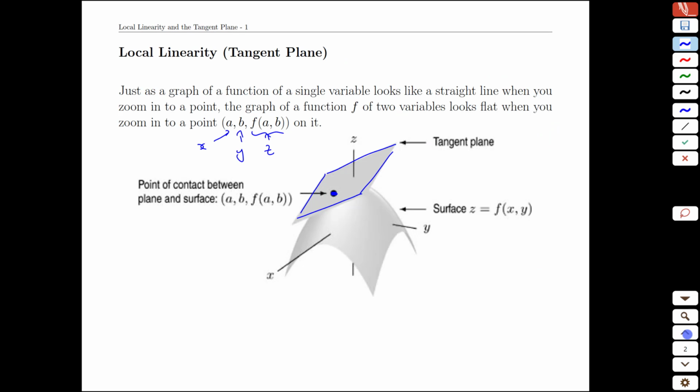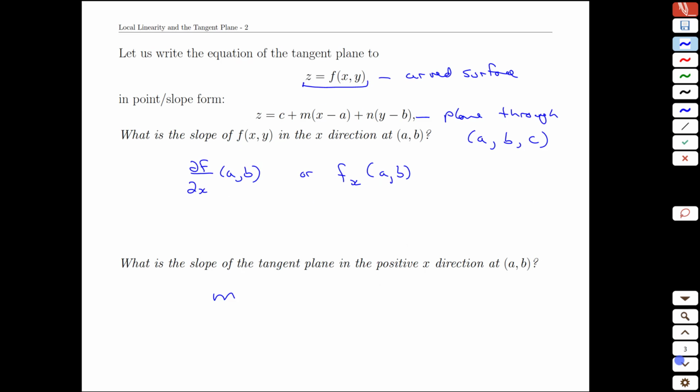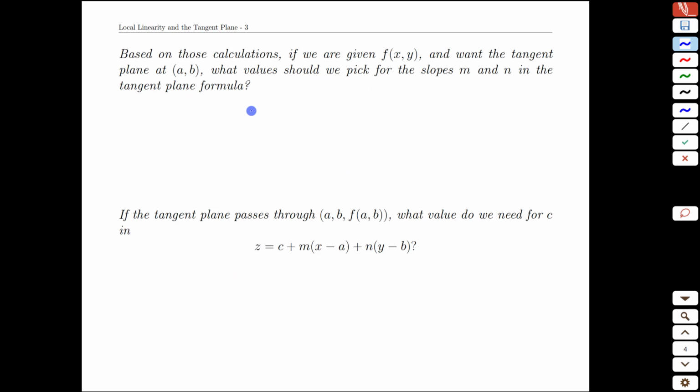Going back to our picture for a moment, what we would like to have is, in the positive x direction, our plane to have the same slope as our curved surface. Well, if we know how both of these define their slope in the positive x direction, we can tie them together. We would pick m equal to the x derivative of our surface at the point a, b.